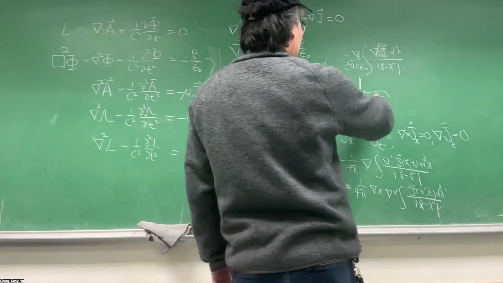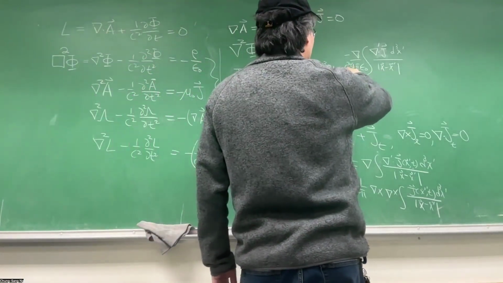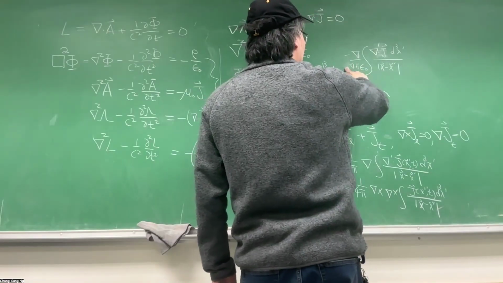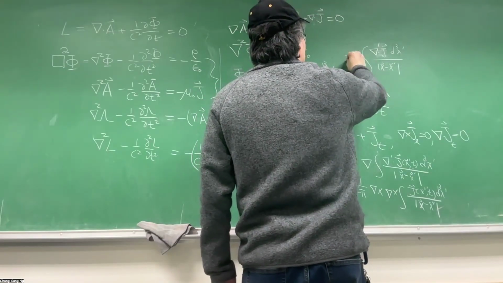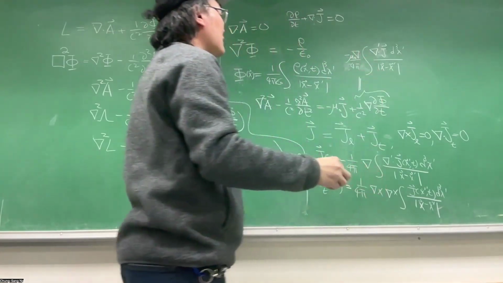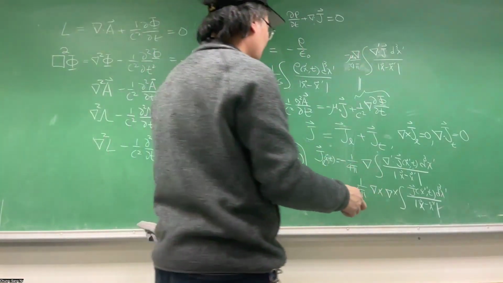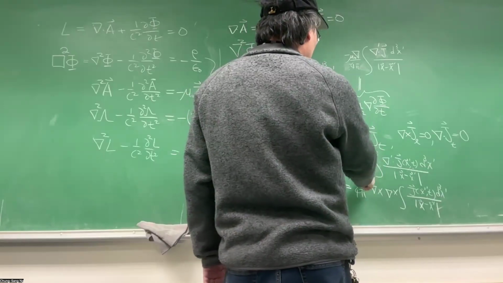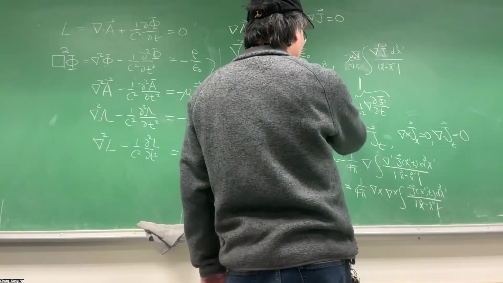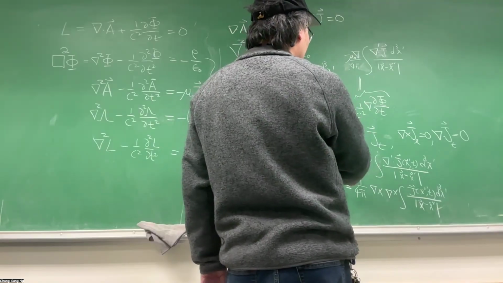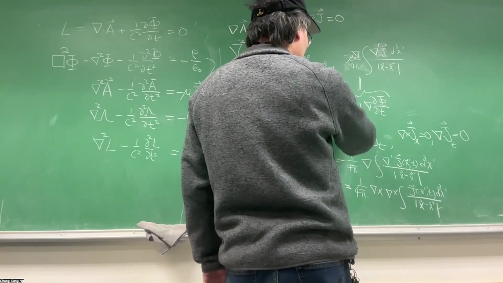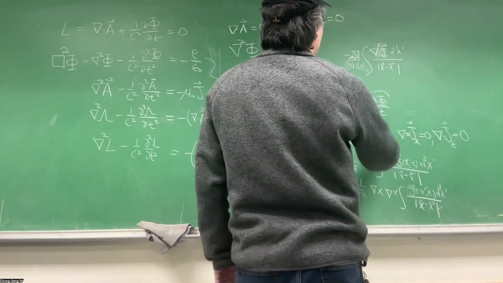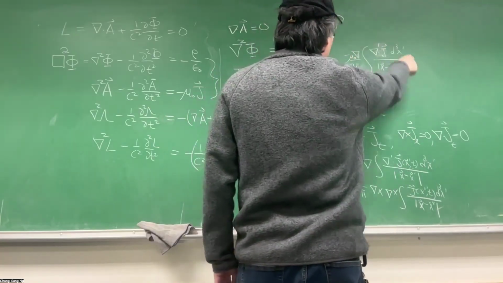And now you recognize, using the fact that c squared is 1 over epsilon 0 mu 0, change that to mu 0 in the numerator. You identify this is this one. This one has a minus sign, you take the minus sign, it becomes positive, and you have mu 0 over 4 pi gradient of this one. And then minus mu 0, exactly the same term.